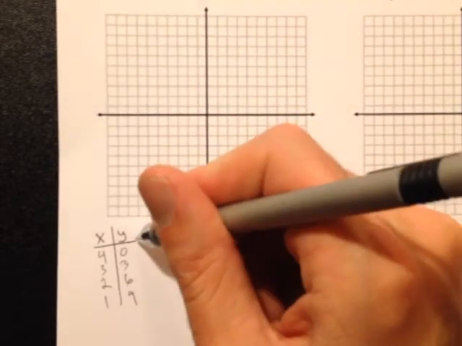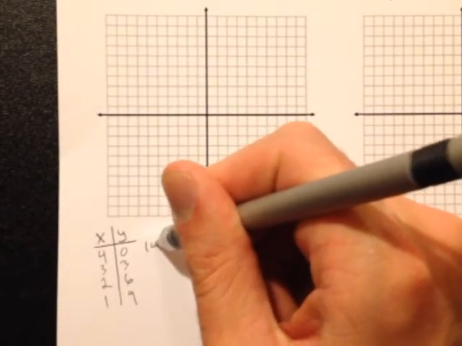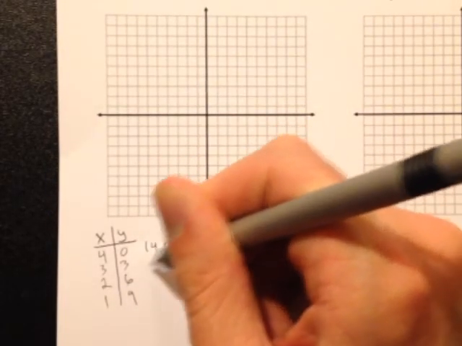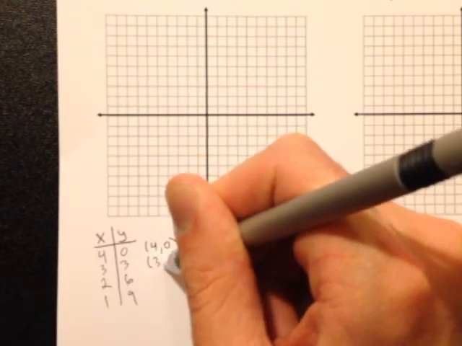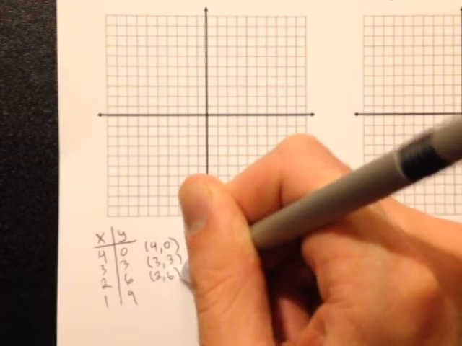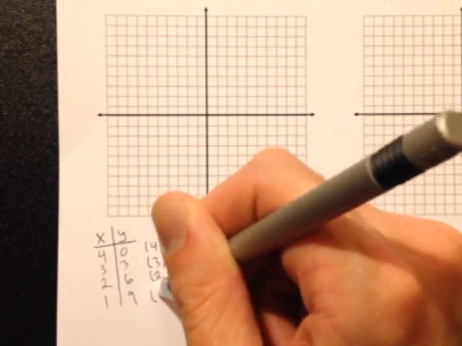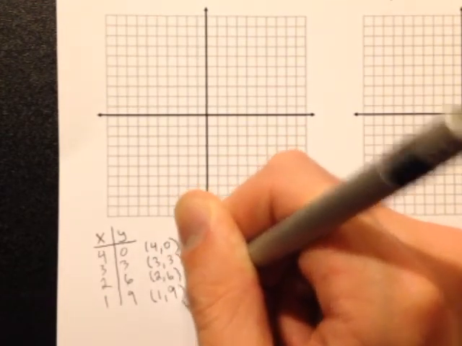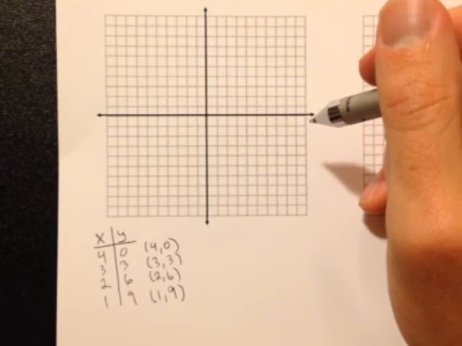So now I convert each of those into ordered pairs, because remember, the x coordinate goes first, the y coordinate comes second. So I'm going to take these x and y values and turn them into coordinates. Now I just have to graph those 4 points.